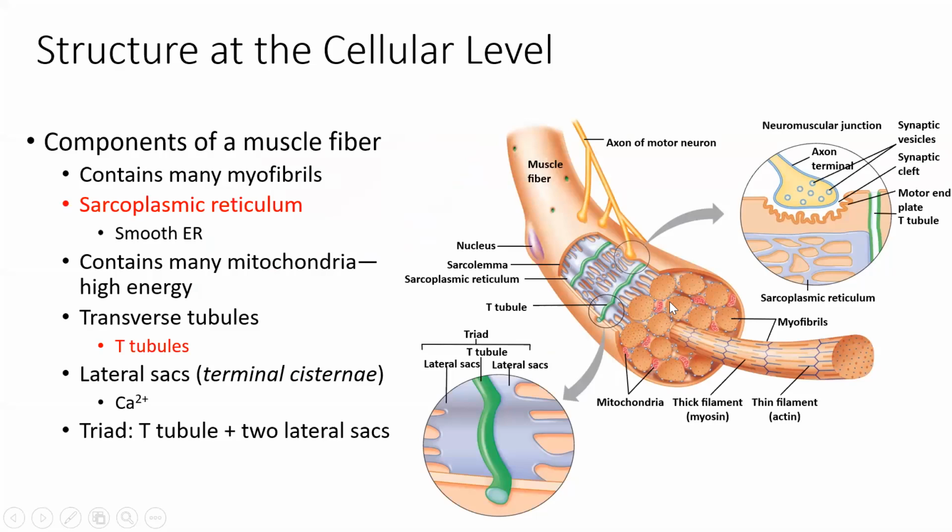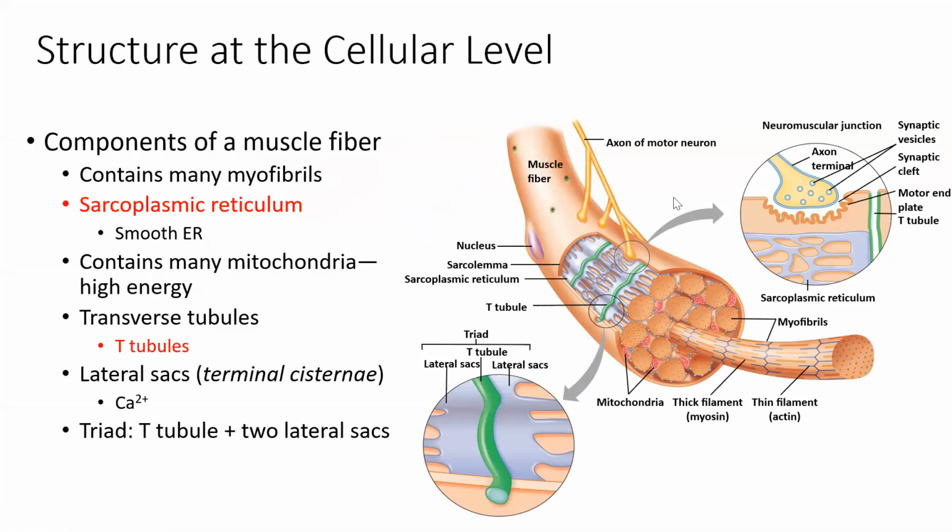Now, we know that energy is super important, ATP specifically, for muscle contraction, for muscle movement. And so there are a lot of mitochondria that provide the energy to allow for muscle contraction. So we've got many, many myofibrils jam-packed in this cell, along with many mitochondria.